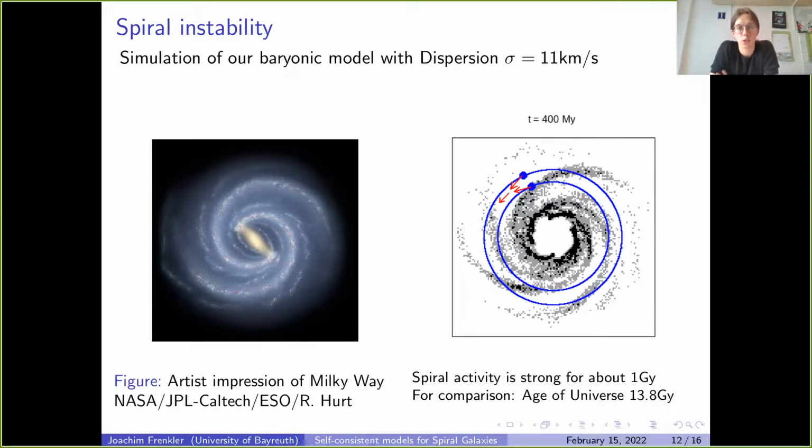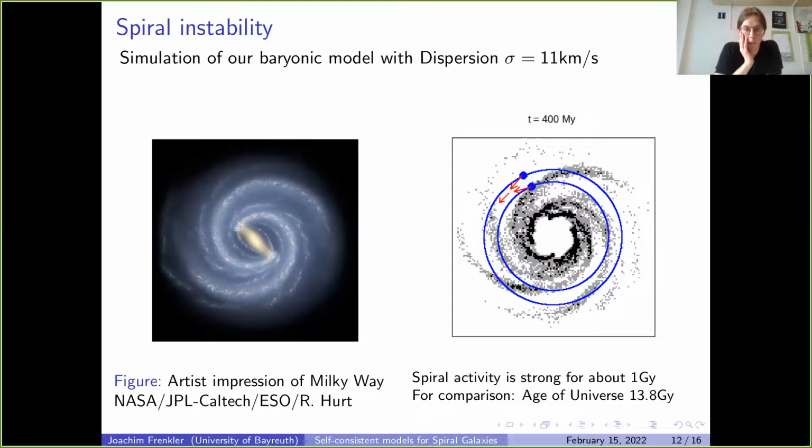velocity which corresponds again to a velocity that is on a circular orbit. So these collisions reduce again the dispersion once it has risen due to the passages through the spiral arms.